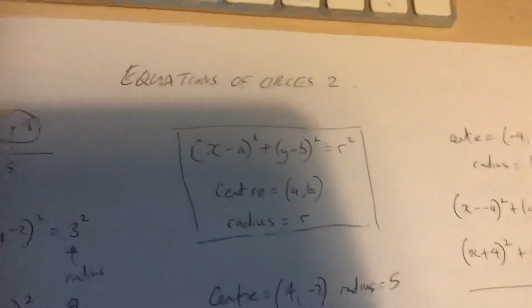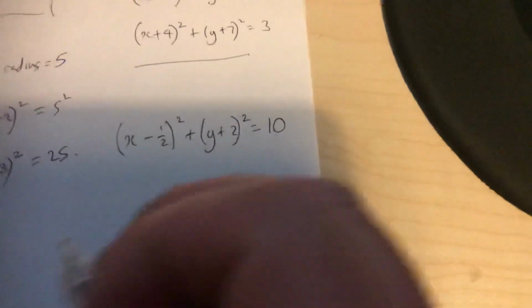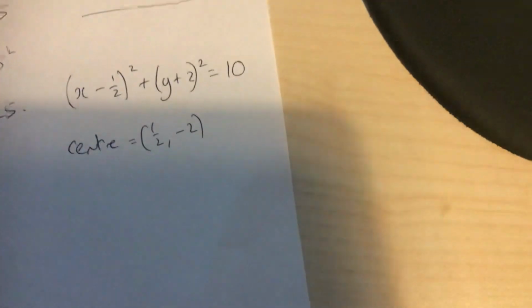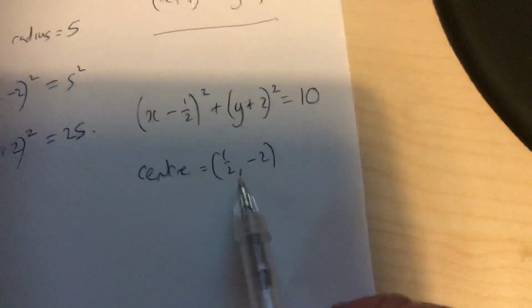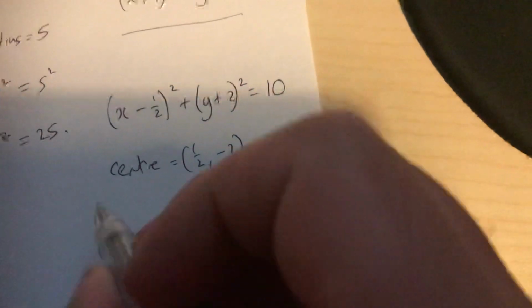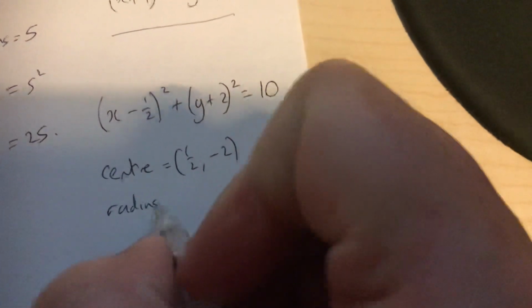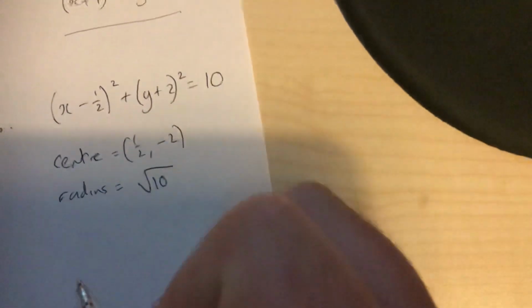If we rearrange that back to our original formula, we can see that that means the centre of our circle must be a half, minus 2, because that minus would tell us I need a half, that plus 2 would tell me I need a minus 2, and my radius would have to be the square root of that 10, so root 10.